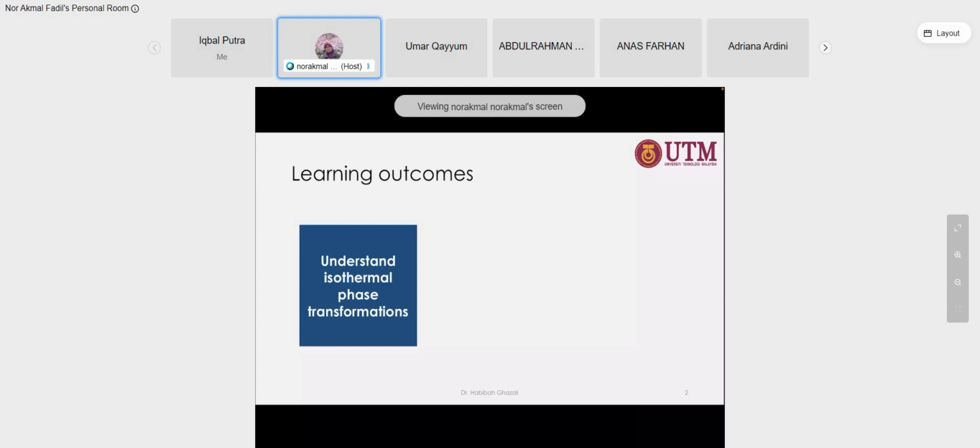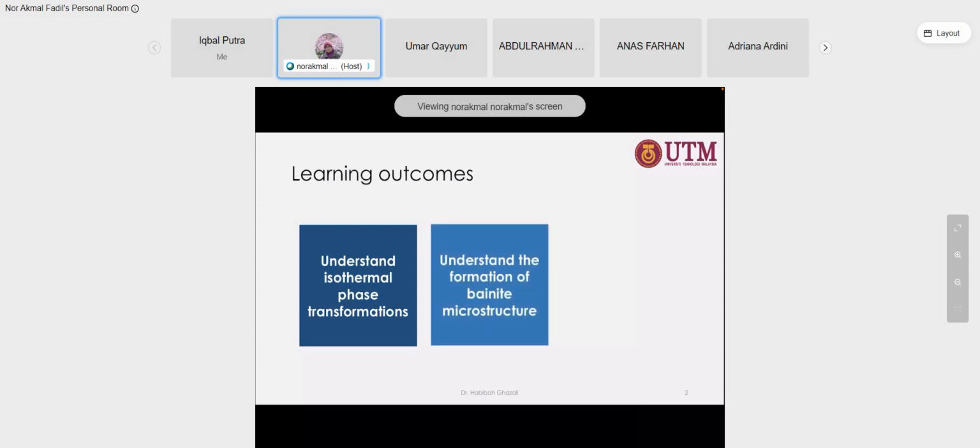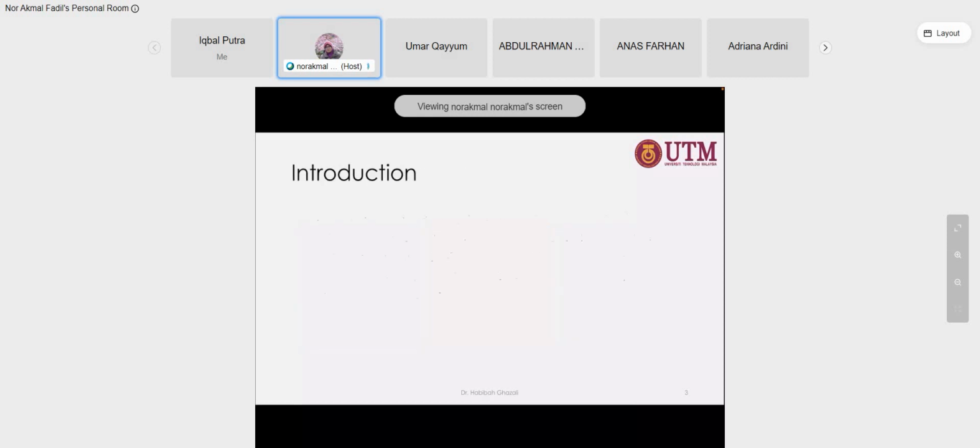So isothermal, one temperature only, and at the holding temperature it will change the microstructure. The phase transformation occurs at this one single temperature. It also involves the formation of bainite microstructure, because I haven't yet explained this in the previous lesson, and then we explain the other two tempering processes, which we call martempering and austempering.